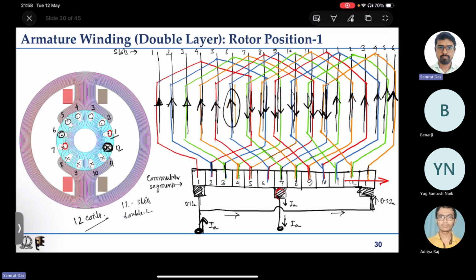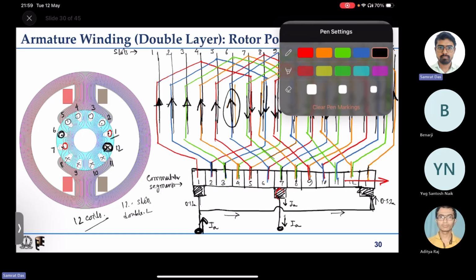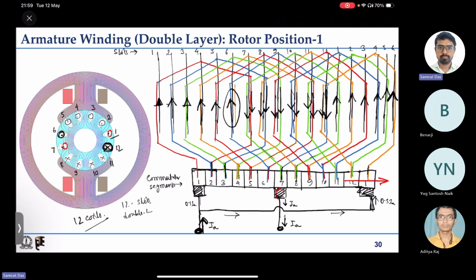So here it is dot. 6 means the top coil, right? Maybe let me indicate with another color. Let us see here, this one. So this is our coil 6 that is carrying current in the upward direction.